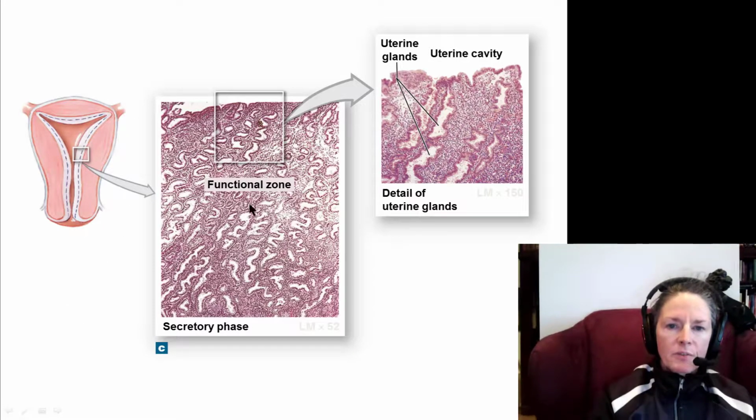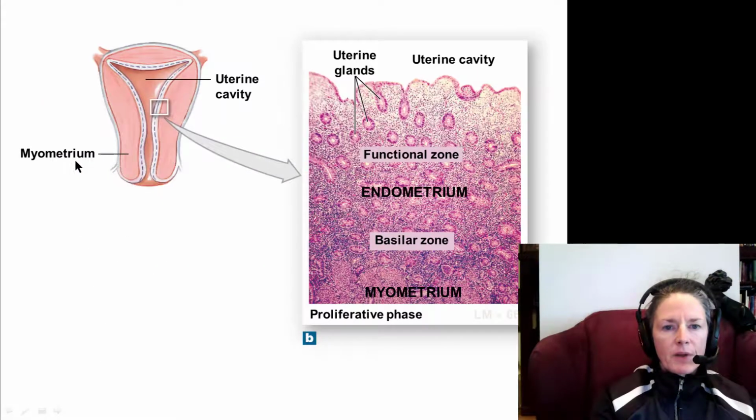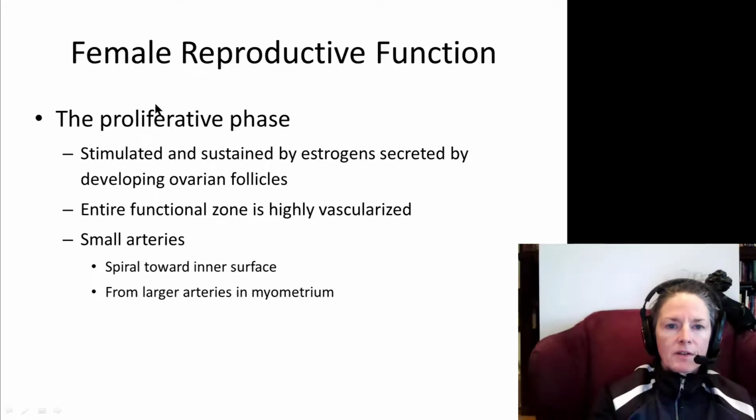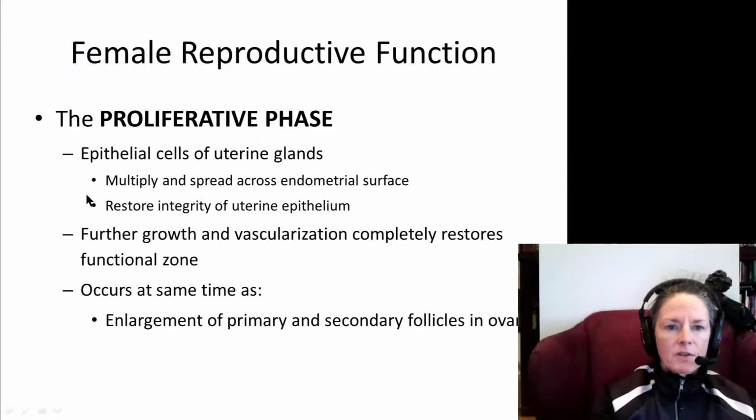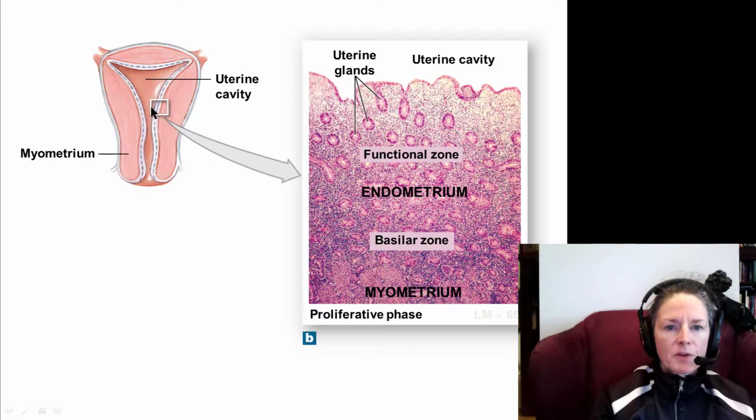So here is a picture of the functional zone. You see all of these glands in here and how much they've proliferated. And you can see sort of the difference during the secretory phase compared to, say, the proliferative phase, compared to menstruation, where the whole functional zone is lost. Then during the proliferative phase, it starts to be restored.